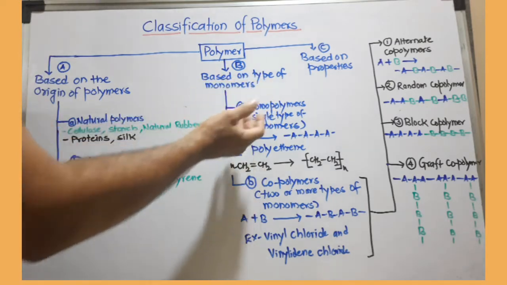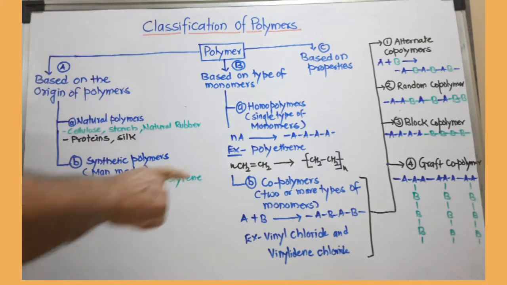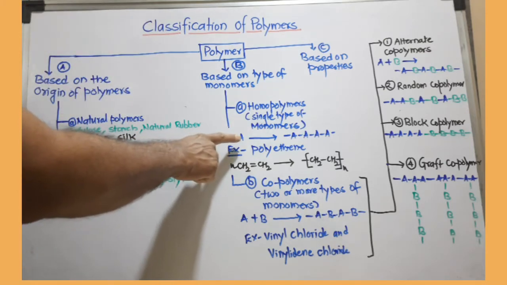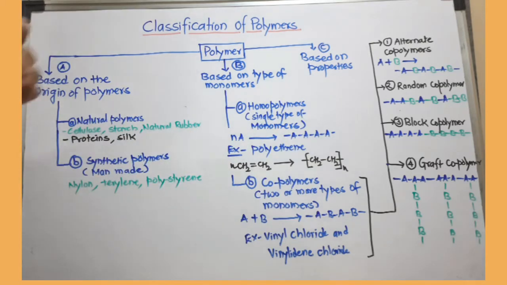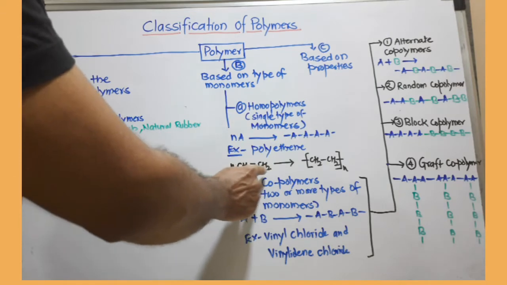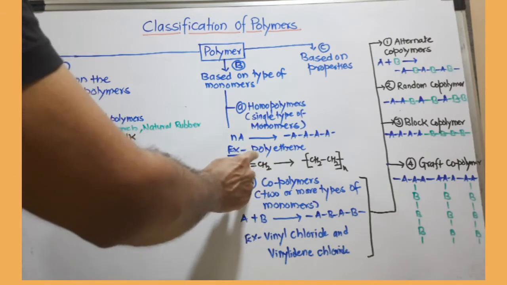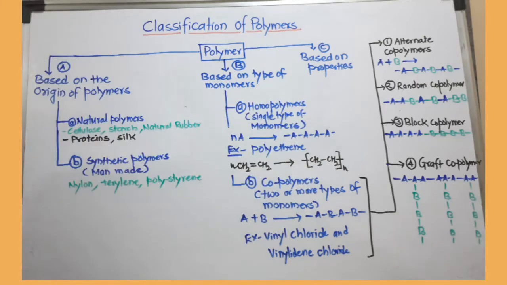As the name indicates, it is made up of one type of monomer. Here in the example, A means only one type of monomer is there. For example, polythene: only ethylene is the monomer from which polythene is formed. So this is a homopolymer.